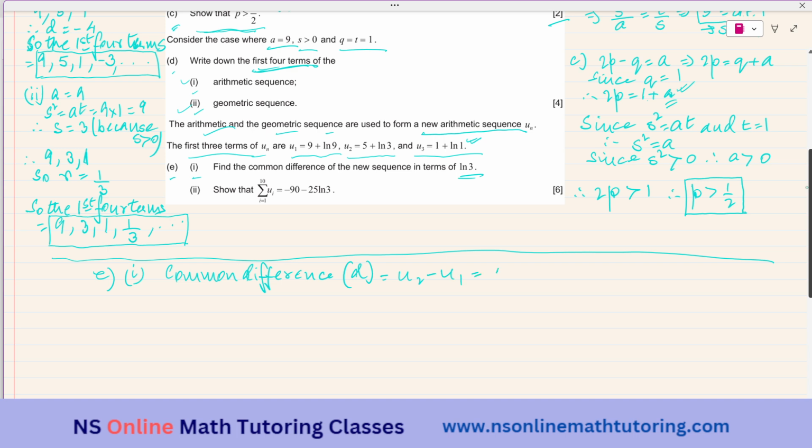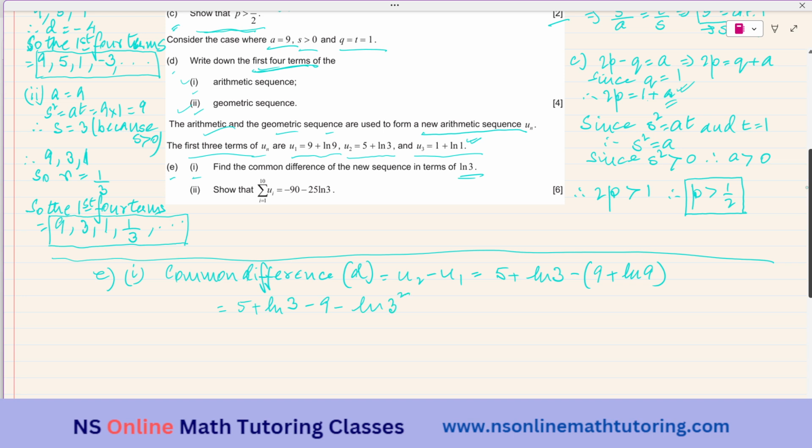So 5 plus ln of 3 minus 9 plus ln of 9 equal to 5 plus ln of 3 minus 9 minus ln of 9, or ln of 9 I can write ln of 3 square.